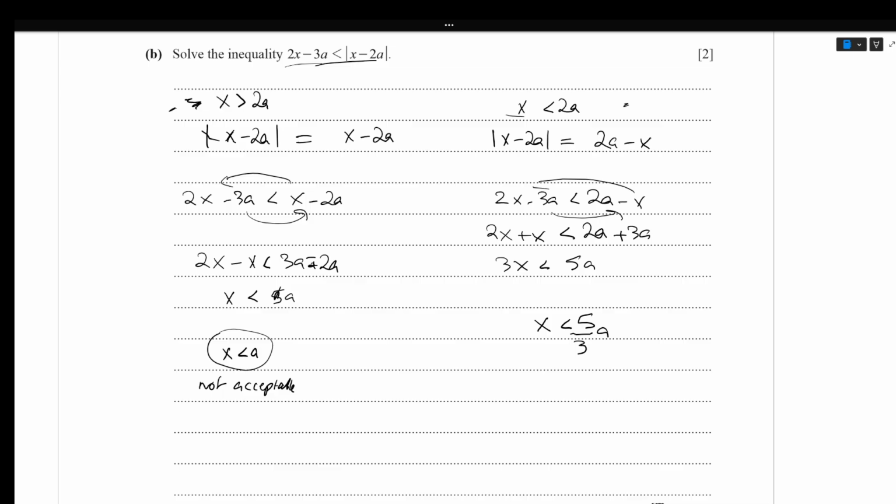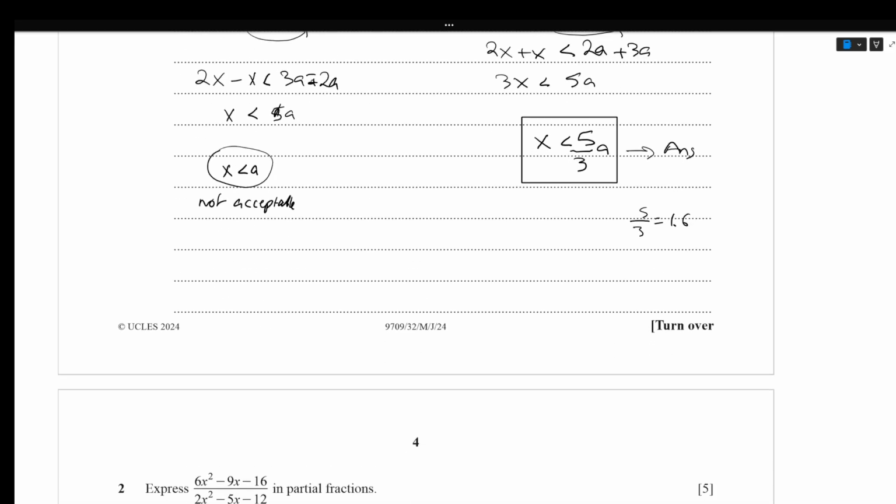For the region x is less than 2a, our x should be less than 5 by 3a to be an answer to this inequality, which is acceptable because 5 by 3a is below 2a. 5 by 3 is 1 point something. So yeah, this will be the answer.